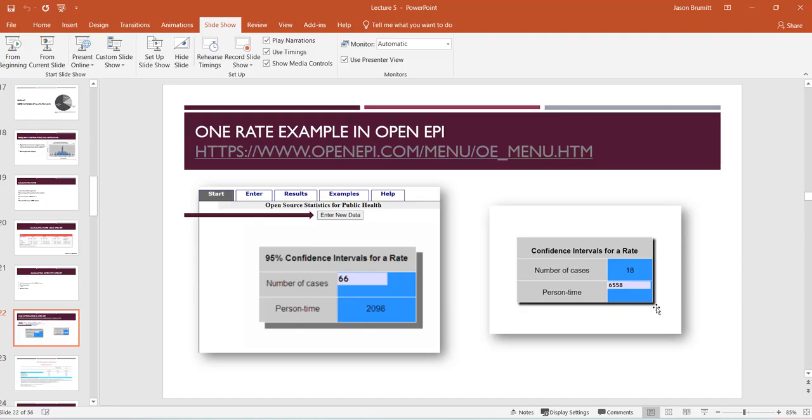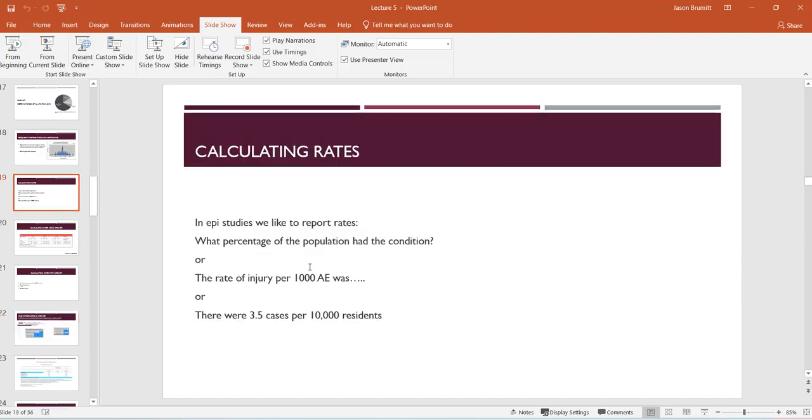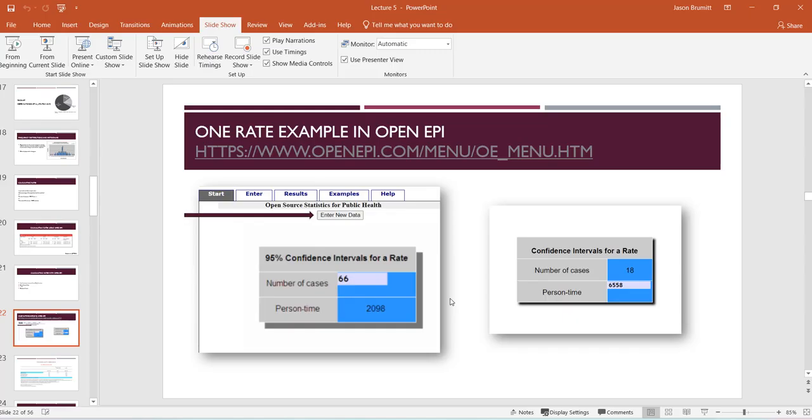So person time here, that is your total number of exposures, or what you're interested in. So you're not going to put in 1,000 or 10,000, but you're going to put in the actual number you counted. So for example, if I had 20 athletes and they did 100 practices, then there's going to be 2,000 athletic exposures.